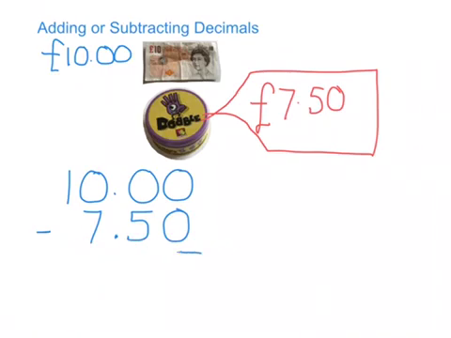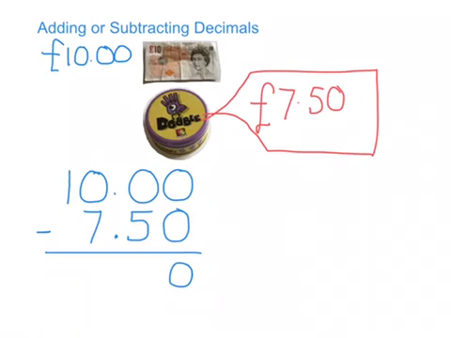So I'm now going to carry on as I would with normal column subtraction. Of course, when I'm trying to do 0 take away 0, that's going to give me a 0. Then I'm going to be trying to do 0 take away 5, which I can't do, so I need to look at my next column. That of course is a 0, so I've then got to look at the next column along, which is a 1.